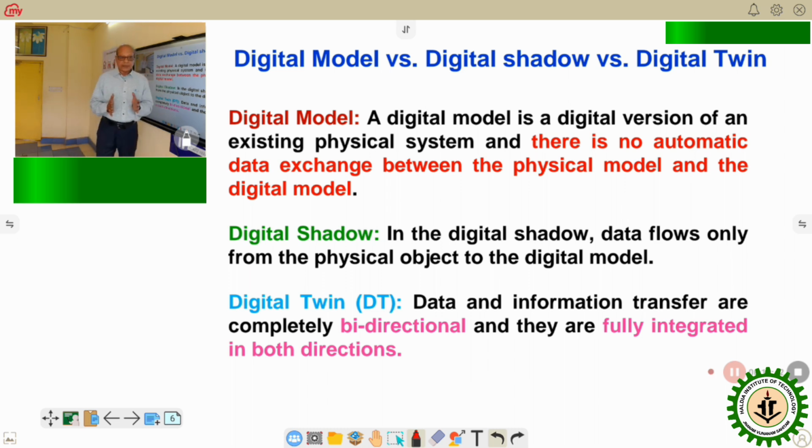In current days, due to the advancement of internet and communication technologies, and of course the availability of powerful computational software, it is now possible to realize the digital twin in its true spirit. Nevertheless, it started with a rather simple and primitive version as a digital model, then one step ahead, the digital shadow, and finally, when data transfer is fully explored, we can realize the digital twin.